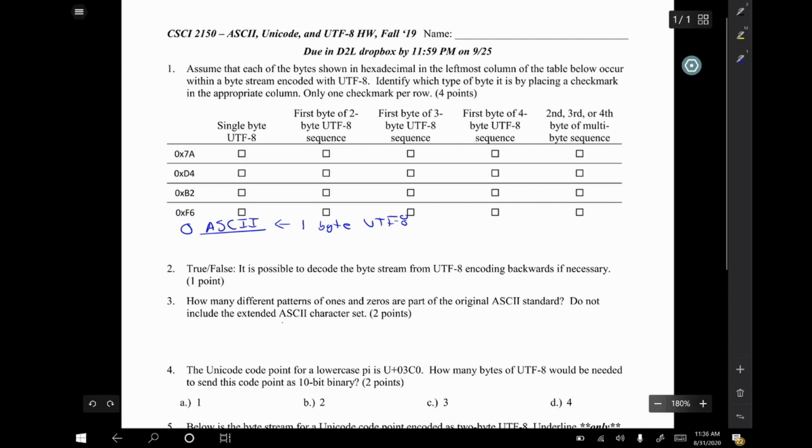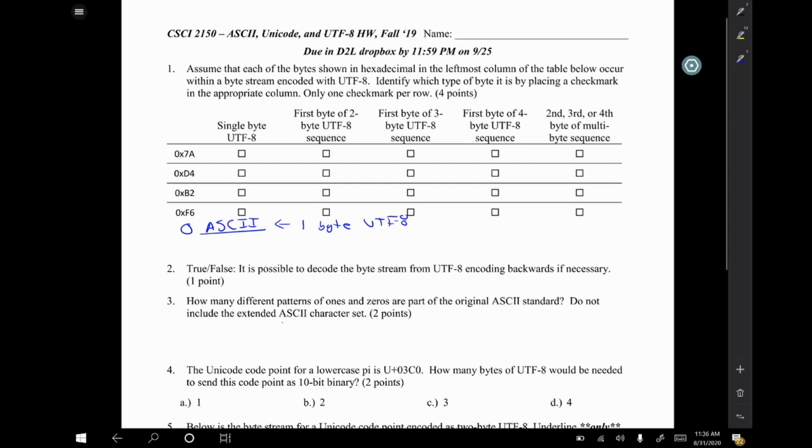If you remember, the 7-bit ASCII codes, if sent as a byte, all start with a 0. That makes it so that ASCII maps directly to UTF-8 whenever it's restricted to those 128 patterns of 1s and 0s in 7-bit ASCII.